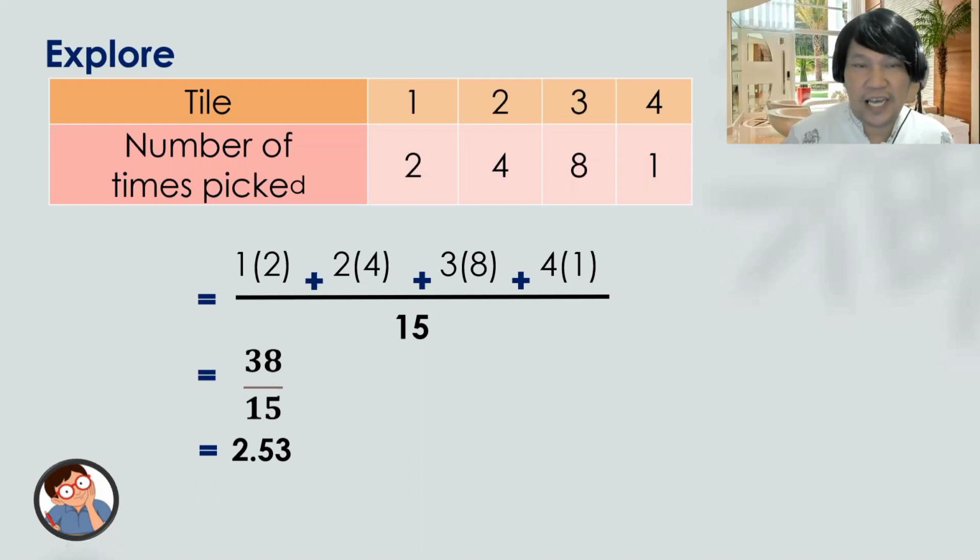What if we are asked to find the average and the only given are the random variables and their corresponding probabilities? How are we going to find the average? In this example, we are going to translate this into a probability distribution, or discrete probability distribution.